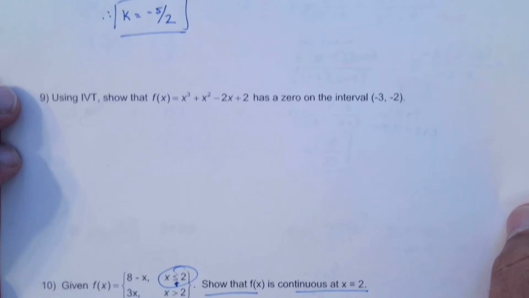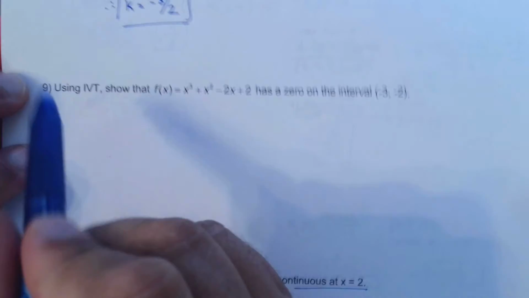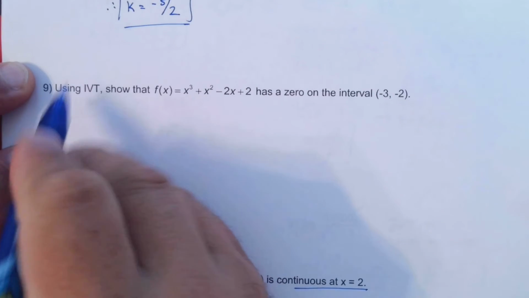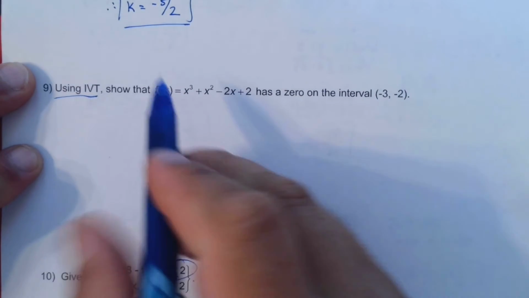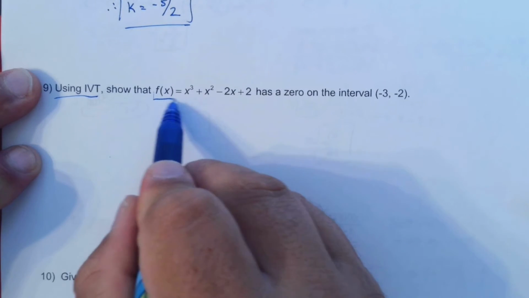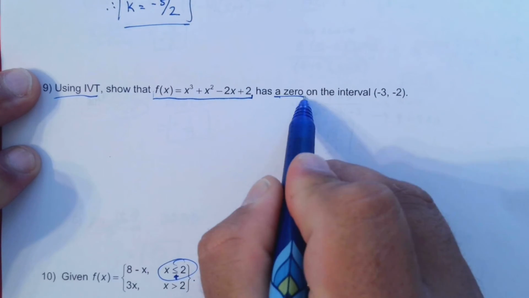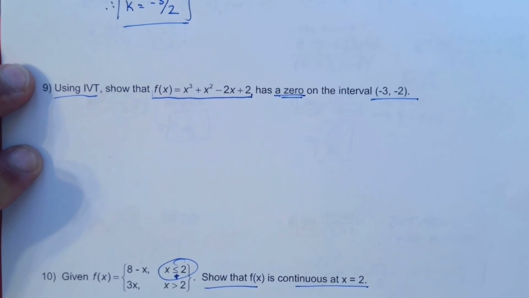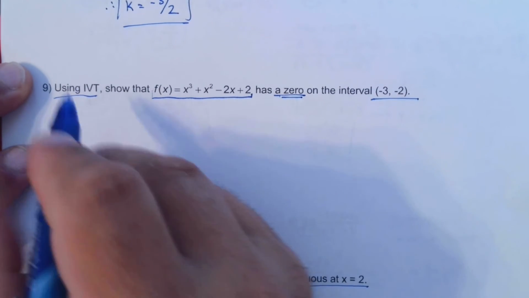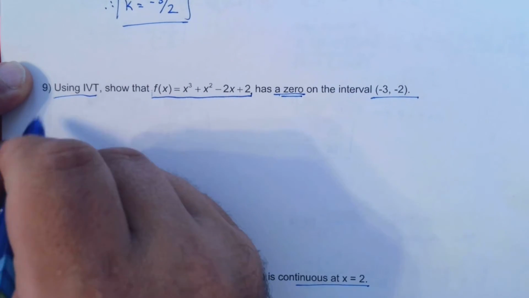Okay, so here we have a situation where we're told to use the intermediate value theorem, and we want to show that this function f of x has a 0 on this interval. For the intermediate value theorem, there's a couple of things that you have to consider.